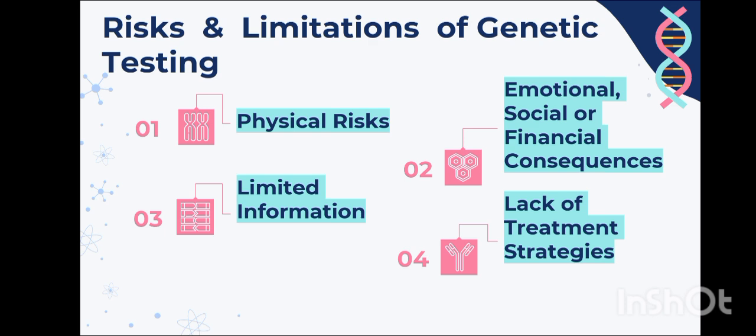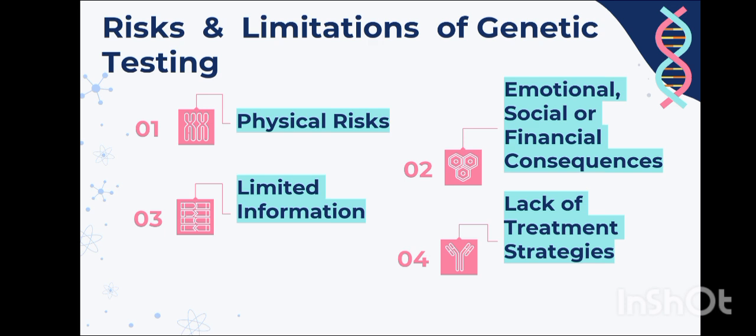There are family consequences and financial consequences too, since the economy is not good for everyone, so how can it be managed by the family? And socially, what other people think about that. So these are some consequences that can occur.